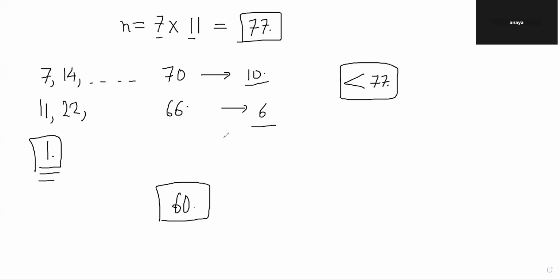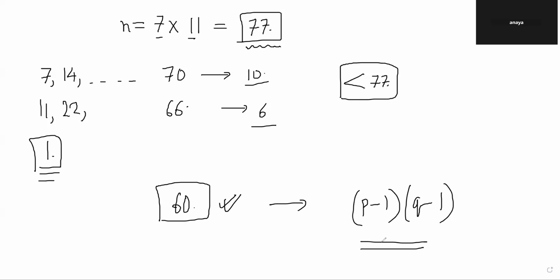These numbers are coming which are relatively prime to 77 and are less than 77. And technically now you can see that that is same as p minus 1 into q minus 1.